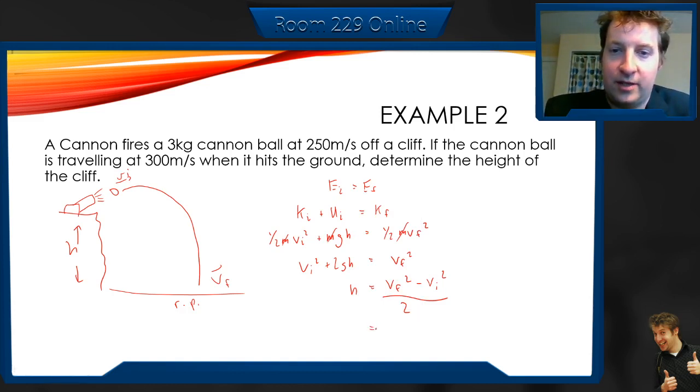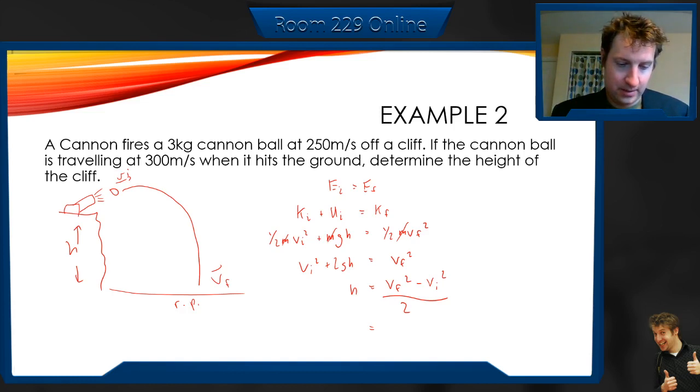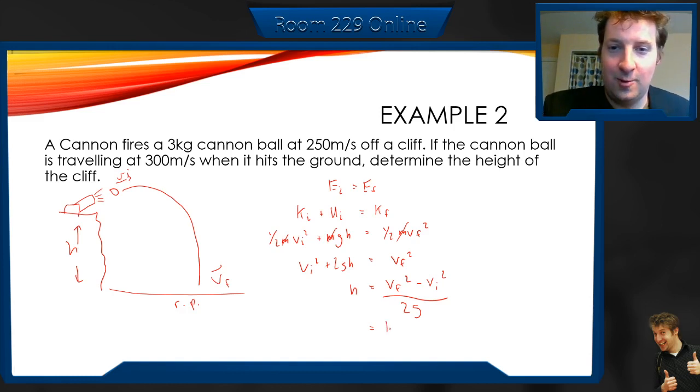I can plug in all my numbers, and what am I going to get? That's 300 squared take away 250 squared, divided by 2 times 9.81. And we end up with a height of, holy cow, 1.4 times 10 to the 3 meters.